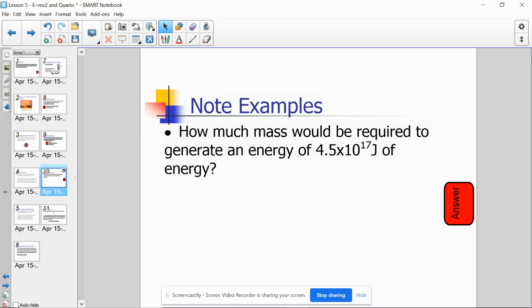Last but not least, you could go the other way. Instead of asking how much energy you get from mass, you could ask how much mass would be required to generate a certain amount of energy. This is kind of what you do with a nuclear reactor. You find out how much energy your system, your neighborhood, needs, and you have a specific amount of material in that reactor to create the energy produced for your environment.